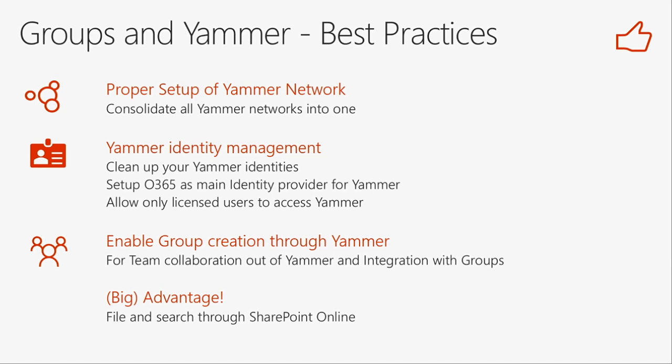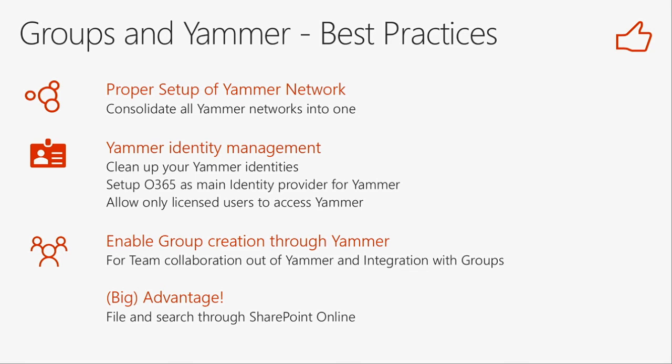If you add groups and Yammer, best practice is to make a proper setup of your Yammer network. That means add any domain which is in your tenant to the Yammer network, so that everybody is in there. And then do an identity cleanup of your Yammer identities. Next step is set up Office 365 as the main identity provider.